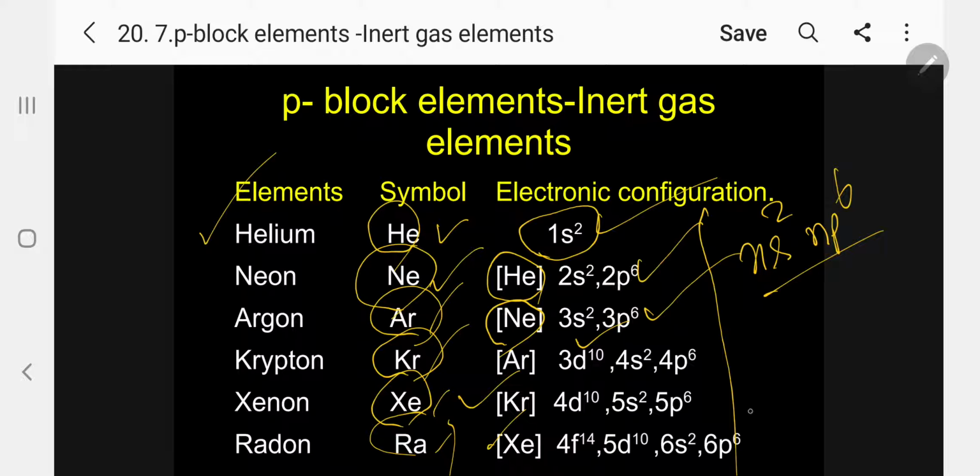So here we are concentrating only on the outermost electronic configuration, which decides the reactivity of the compounds.